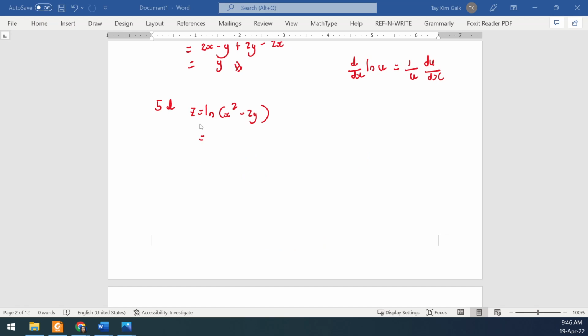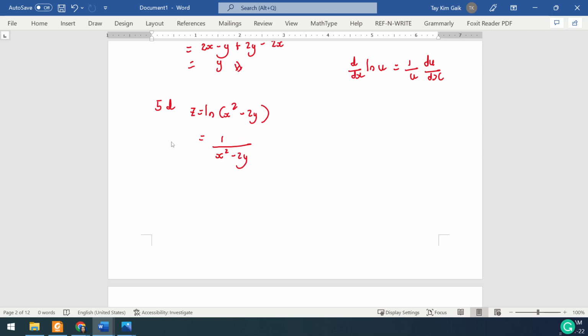Okay. So z is ln of x squared minus 2y. You use d/dx ln u is 1 over u du dx, where u is x squared minus 2y. So you have 1 over x squared minus 2y.